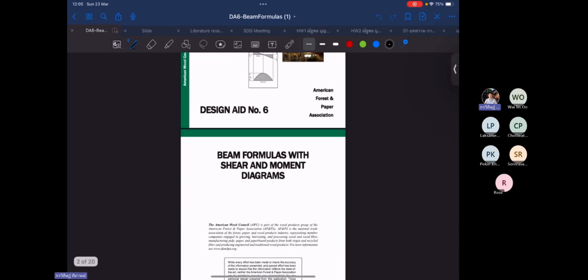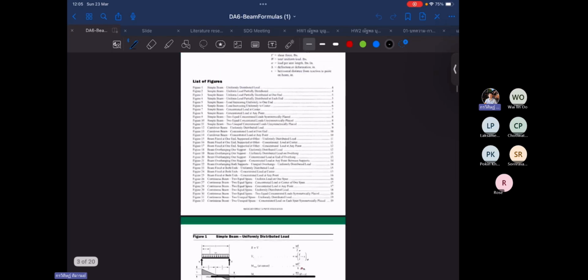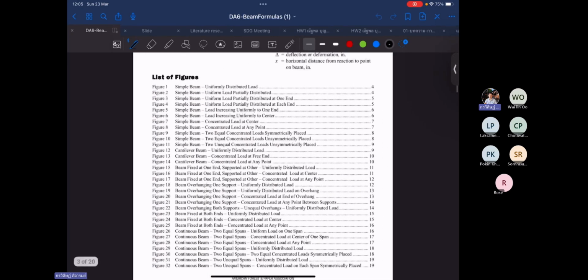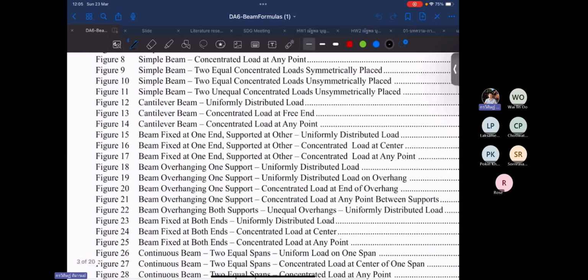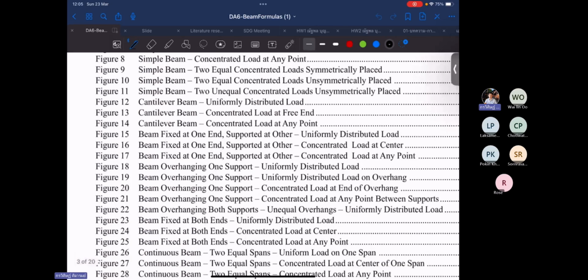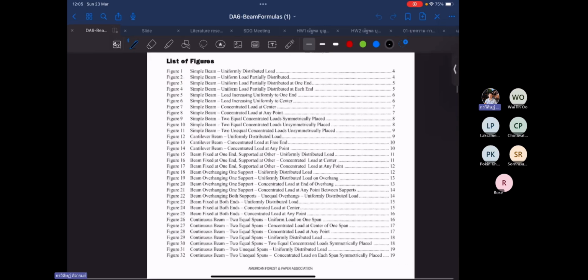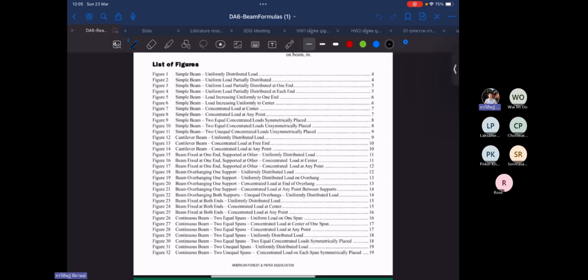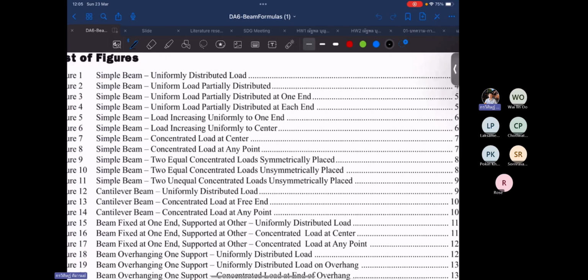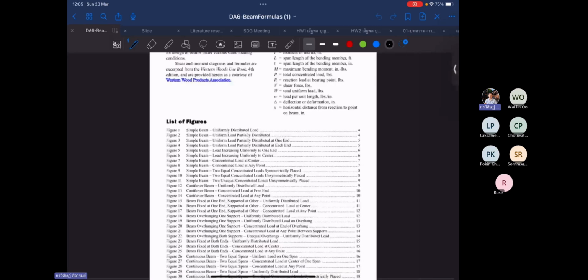In this one, we have many types of beam: simple beam, cantilever beam, fixed-free beam, overhanging beam, and so on. And there are many types of load acting on the beam.